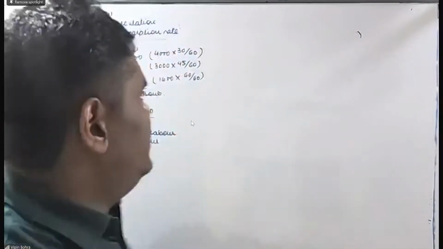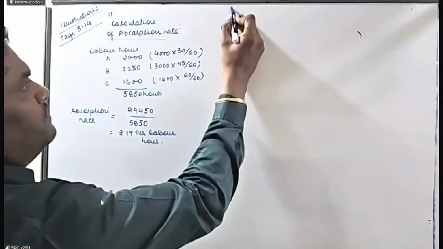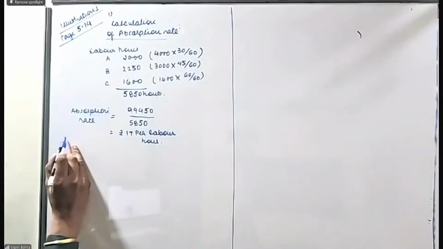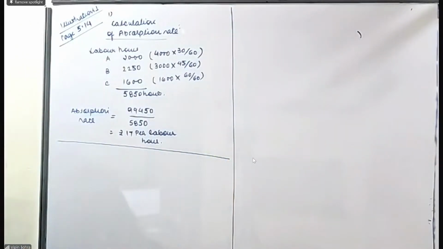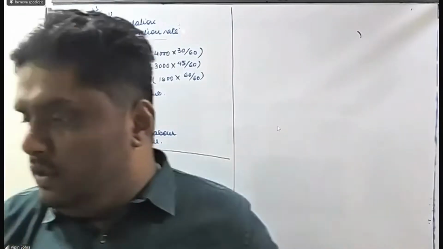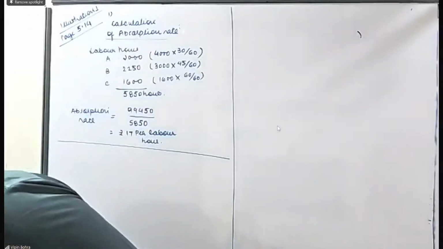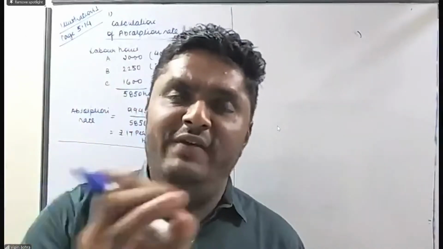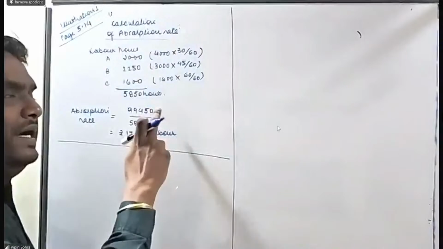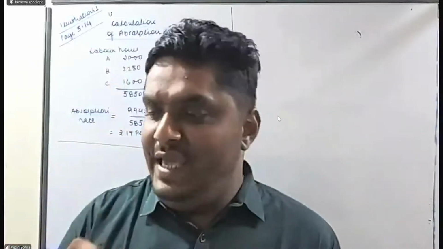So now we are done with this part. We have calculated the absorption rate. Now let's start with the next part, wherein using this absorption rate, we will charge these overheads to these three products A, B, and C and calculate the total cost.